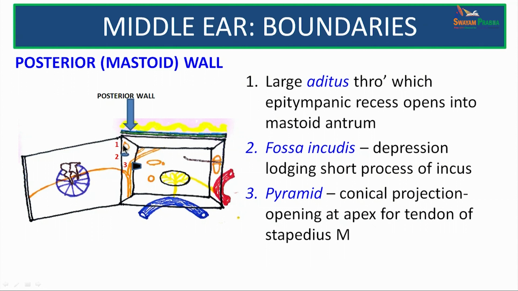There we see a large aditus, an opening through which the epitympanic recess opens into the mastoid antrum. Just below that is the fossa incudis, a small depression lodging the short process of the incus.